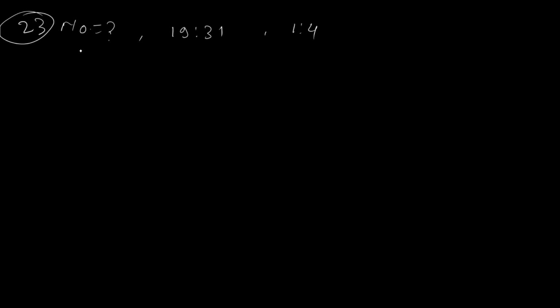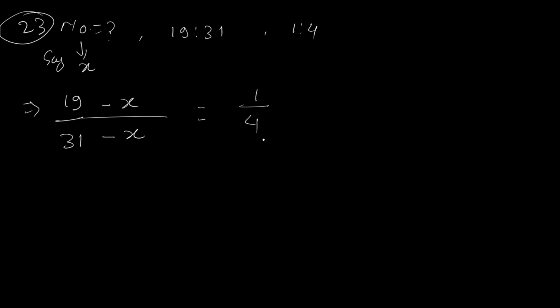Okay, so let's say that number is x. Then form the equation 19 divided by 31. If you are reducing this number from this ratio, the ratio becomes 1:4, right? Right sir. Now your favorite, cross multiplication, sir? Yes sir.